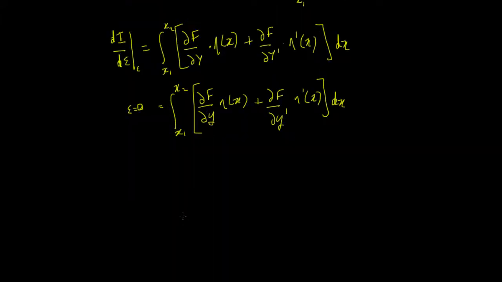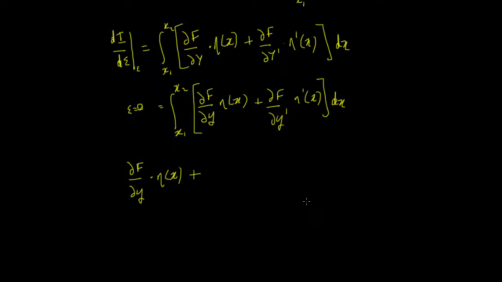Now what's done in the books is we use integration by parts to split this term up. This term would remain the same: partial f by partial y times eta of x.